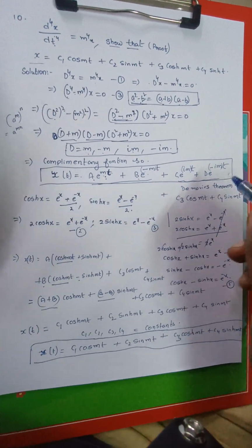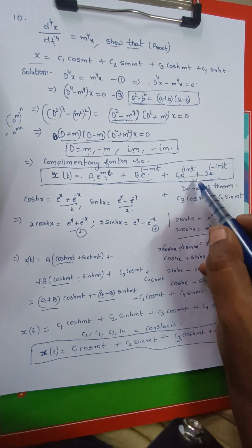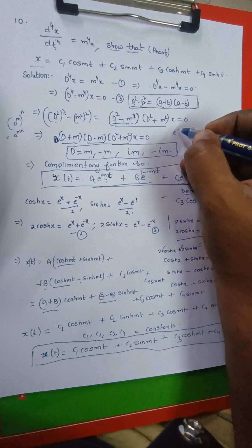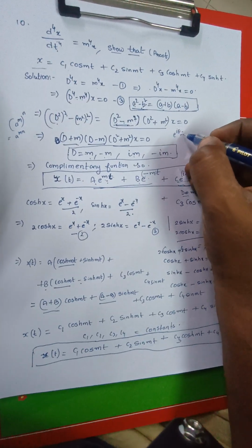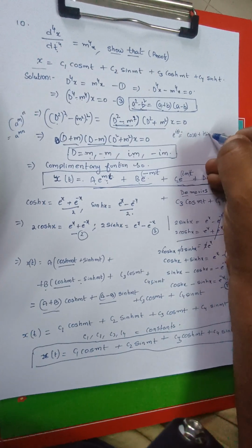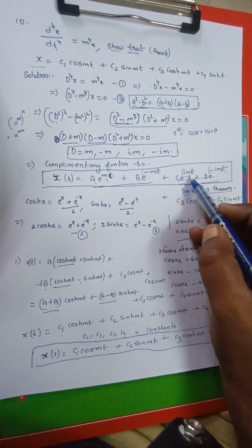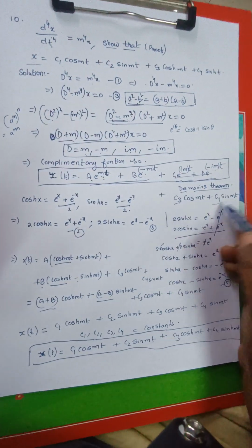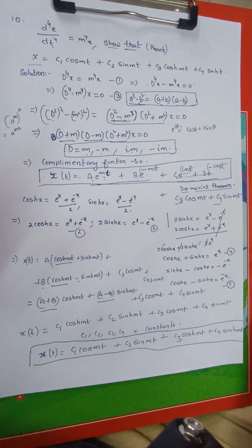Once you have got these roots, you can do further algebraic manipulation using De Moivre's theorem. See, De Moivre's theorem is nothing but e power i theta is equal to cos theta plus i sin theta. You can expand this using De Moivre's theorem. By expansion you get this form of constants c3 and c4.